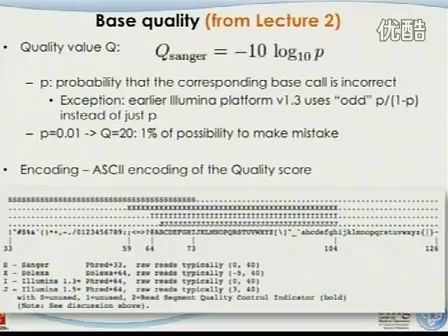And let's review a little bit what quality really means. We are talking about here the base quality. So you see this is the quality value, and in general we are using this kind of Phred type of scale. Long story short, the smaller the p-value is, the better quality this particular read is, and therefore this Q score will be better.